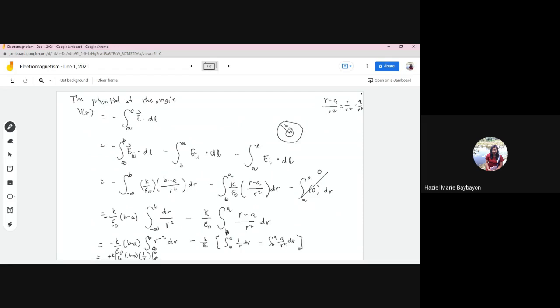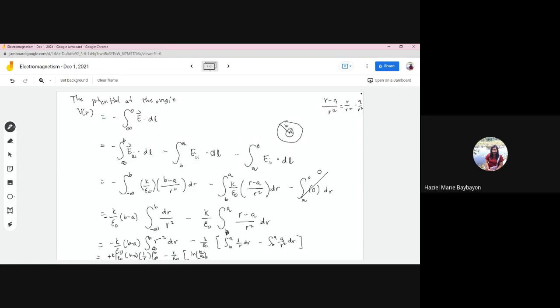Okay. So, this is minus k over epsilon naught. And then, the integral of 1 over r is ln of r, where r is from b to a. So, we have ln a minus ln b, or is that ln b over a?